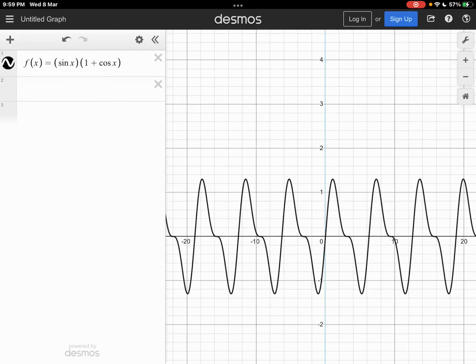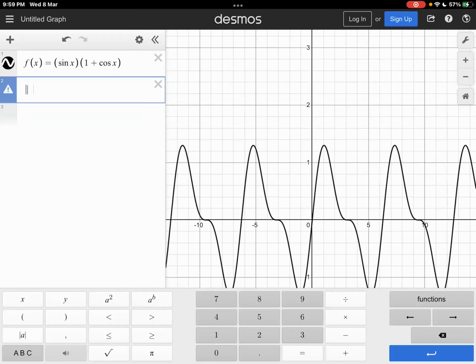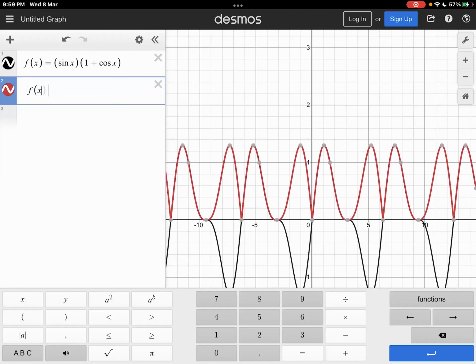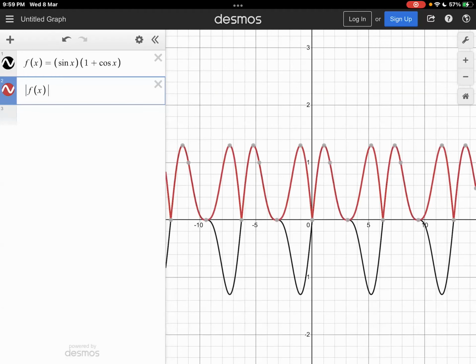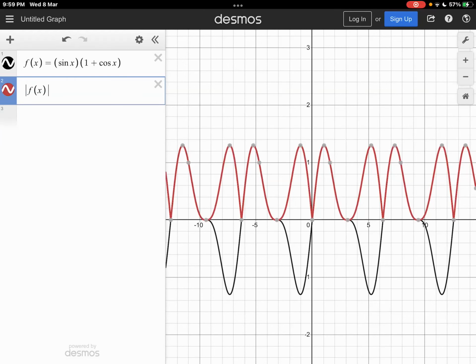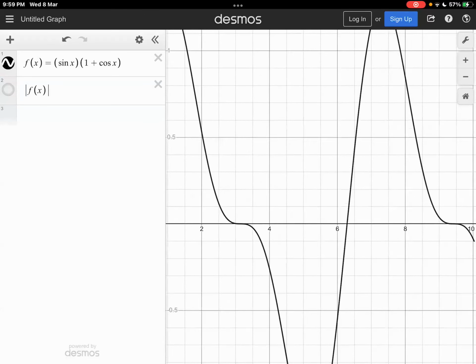Then if you want the modulus, all you need to do is put a modulus sign, then f of x. So you see, I don't have to retype everything, just type f of x. Before was black, after is red. You can see, it just reflects up. 0 to 2 pi, so maybe it's only until here.